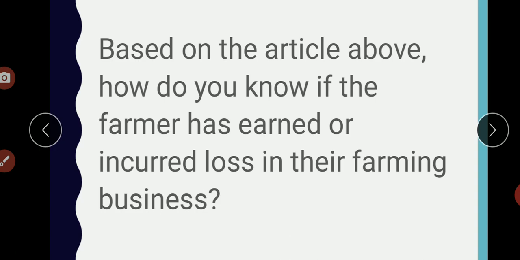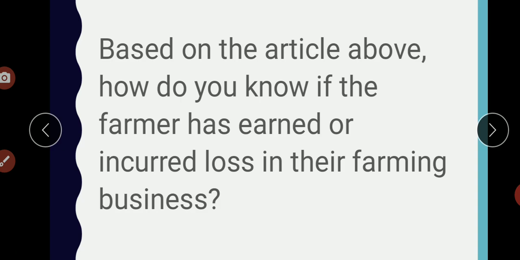And if your expenses is equal to the price of rice, then that's break even. When we say break even, you did not incur loss and you did not also gain any income. So your capital just returned.